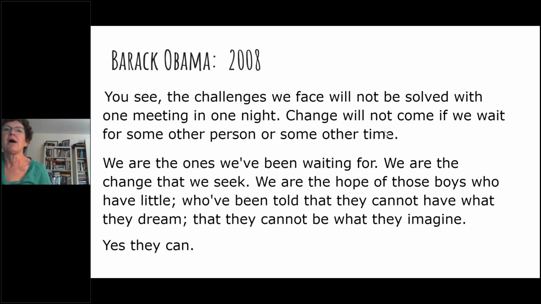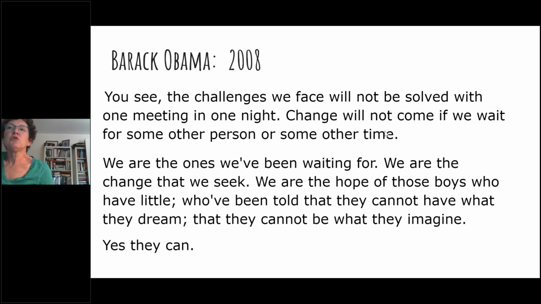Change will not come if we wait for some other person or some other time. We are the ones we've been waiting for. We are the change that we seek. We are the hope of those boys who have little, who've been told that they cannot have what they dream, that they cannot be what they imagine. Yes, they can."